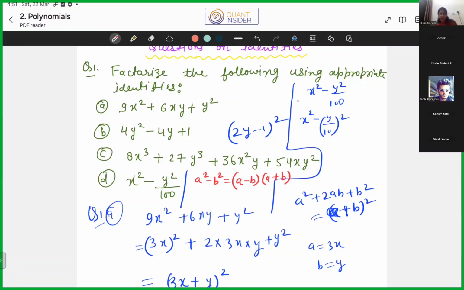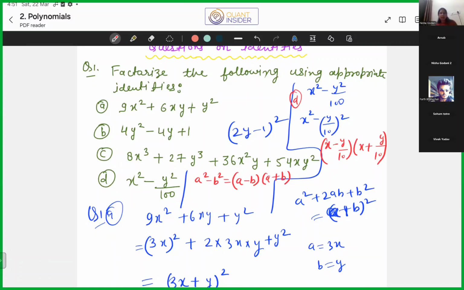You put a equal to x and b equal to y upon 10. So this will give you x minus y upon 10 and x plus y upon 10. These are the factors for the given question.